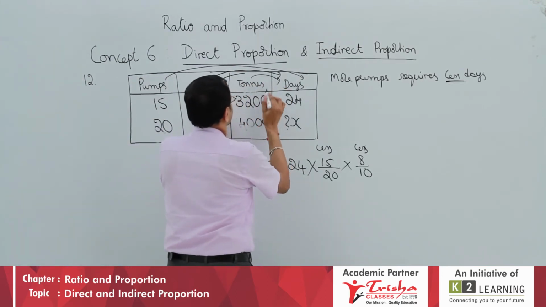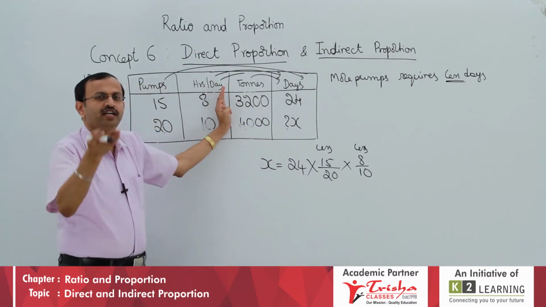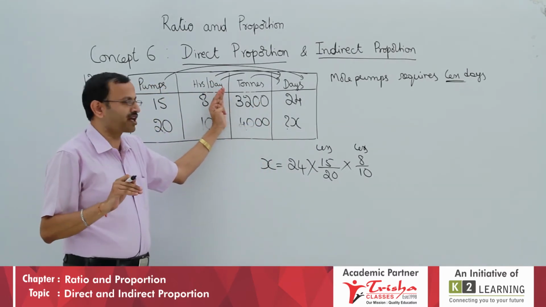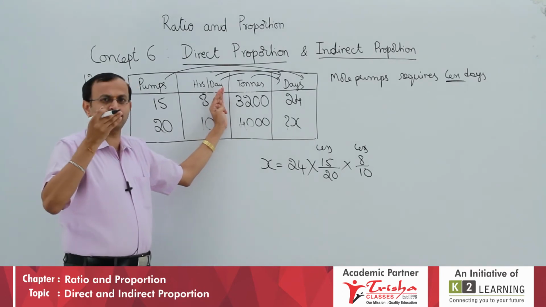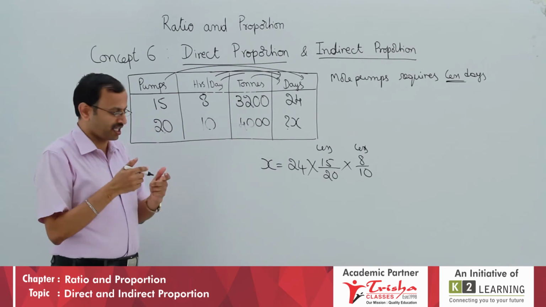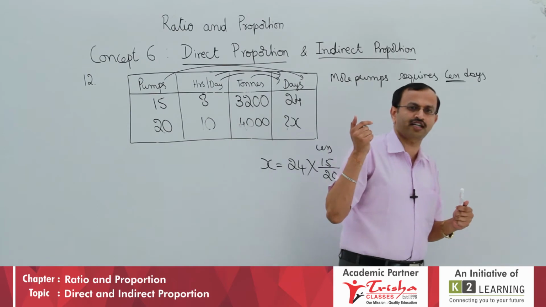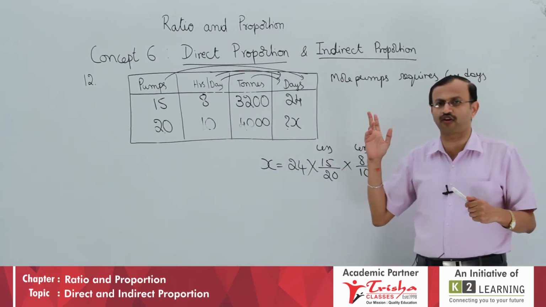Last one, the last variable. To lift 3200 tons of water, 24 days. To lift 4000 tons of water, a larger quantity of water is to be lifted. How many days? More days or less days? Students, respond quickly. 3200 tons of water takes 24 days.